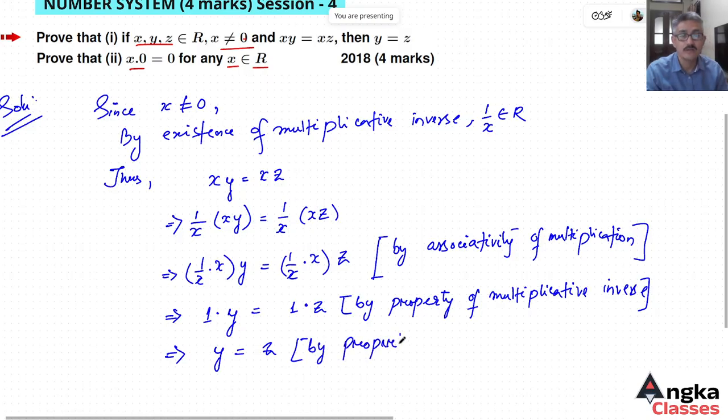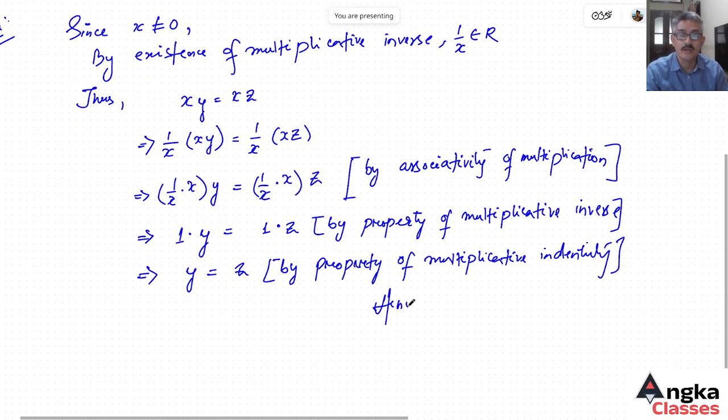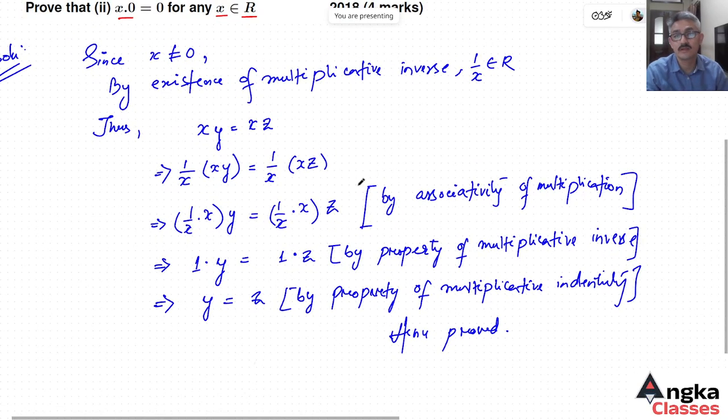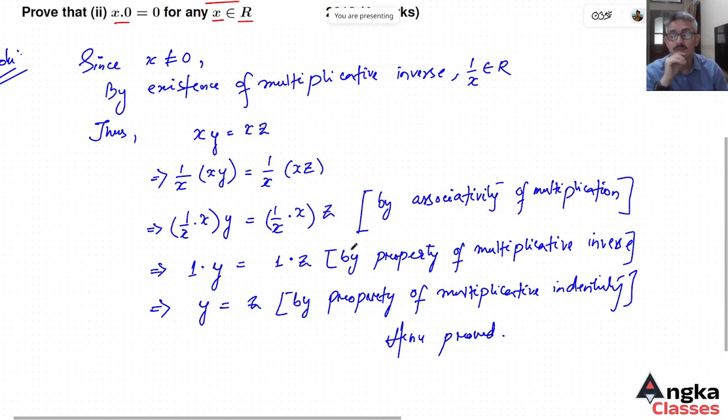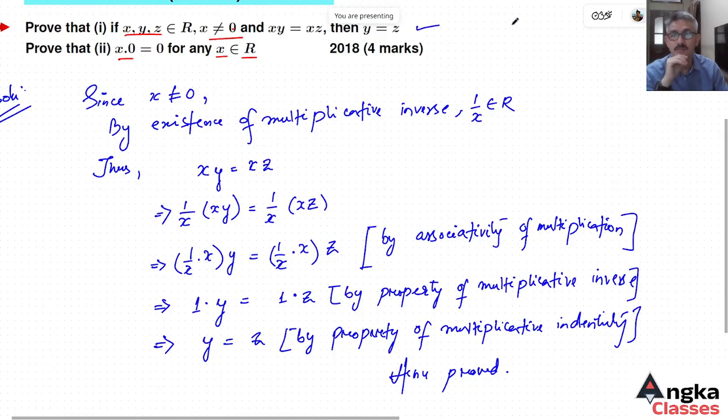Multiplicative identity means any number multiplied by 1 gives the same number. So the statement is proved. We can conclude that y is equal to z. So x into y is equal to x into z with x not belonging to 0 means y and z are equal. So the first part is done.